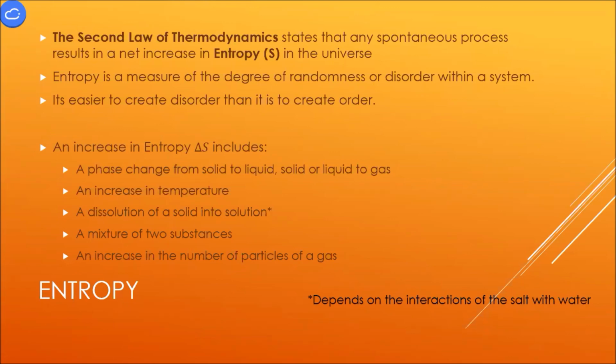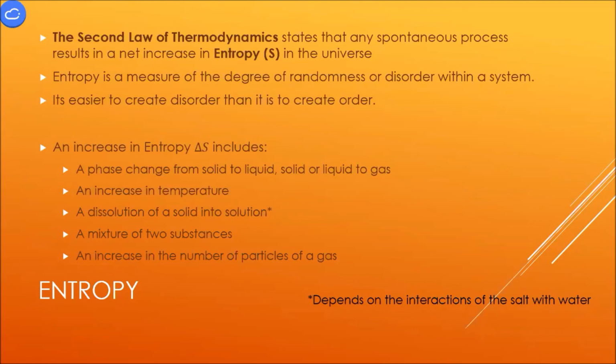So all this entropy, examples of this, we could have a phase change. When we go from a solid to a liquid, it's more random. Liquid to a gas, it's even more random because gas can bounce all over the place. Anytime we increase in temperature, we're going to get more random. When I dissolve a solid into a solution, that's usually more random.